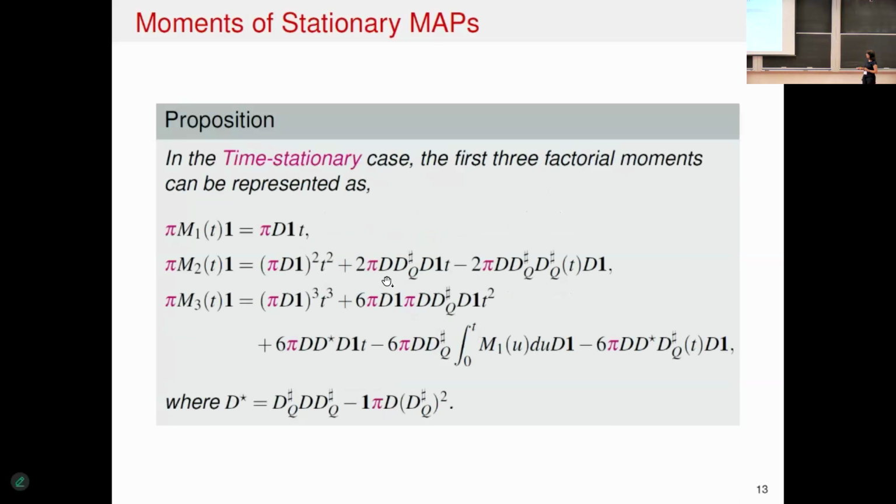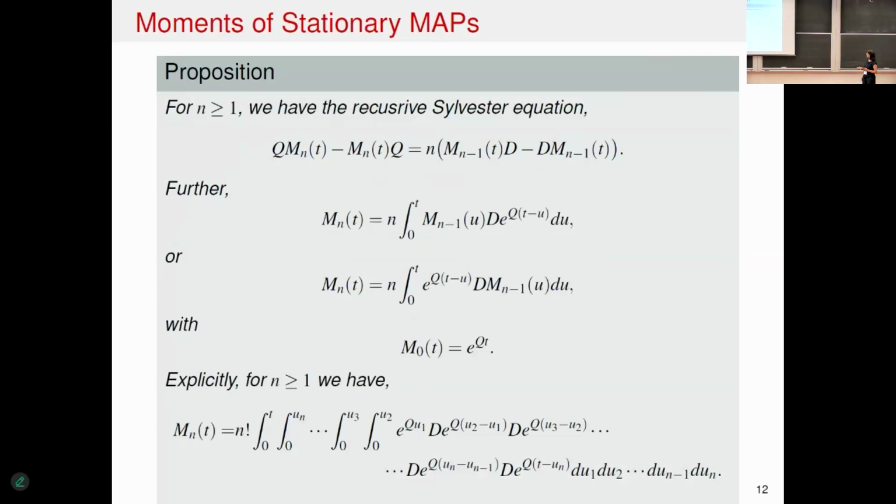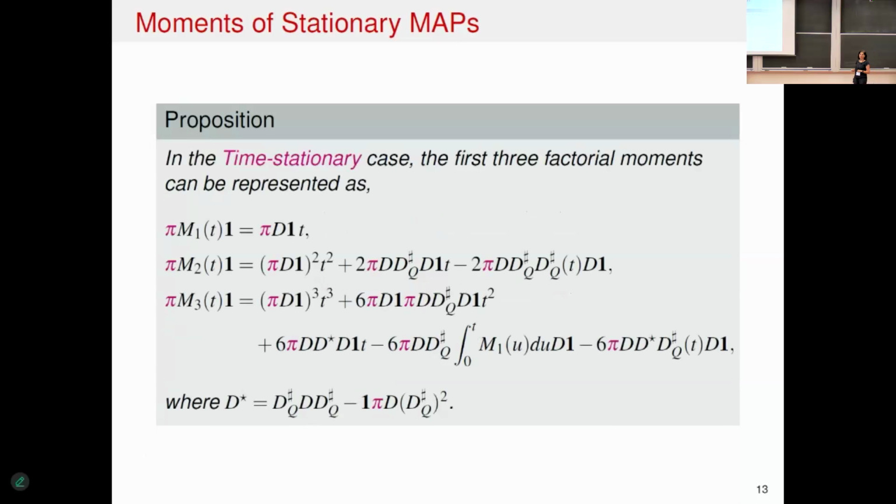Explicitly, we can find Mn of t as this multiple integral. There are 2 pages of proof for this proposition. Then I went back to what I had in my previous work.